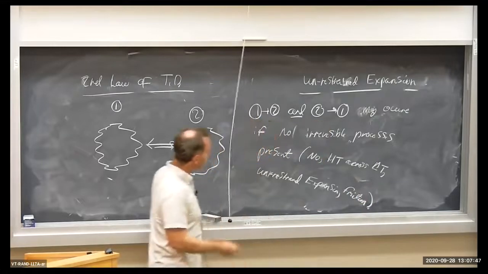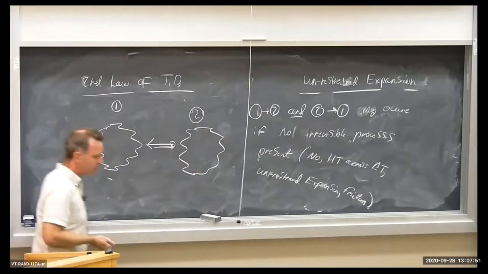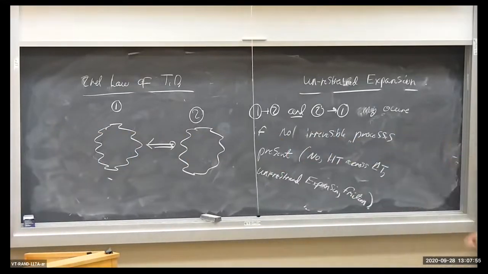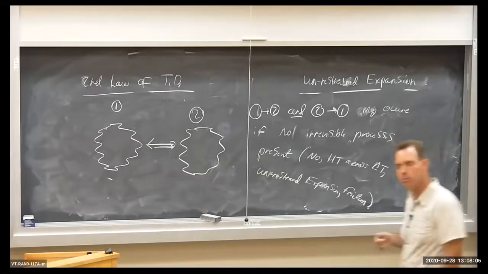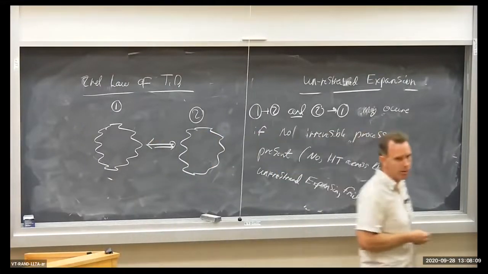So a process can occur in any direction, 1 to 2 or 2 to 1, for some isolated system, if the process doesn't involve heat transfer across some finite temperature difference, unrestrained expansion, or friction. Then the process is what's called reversible.